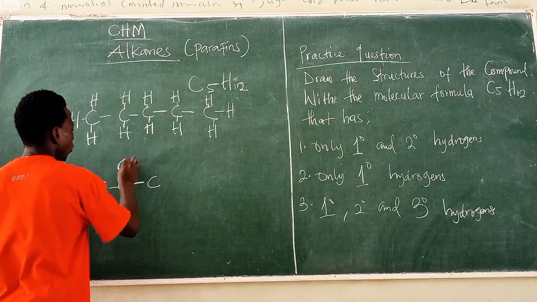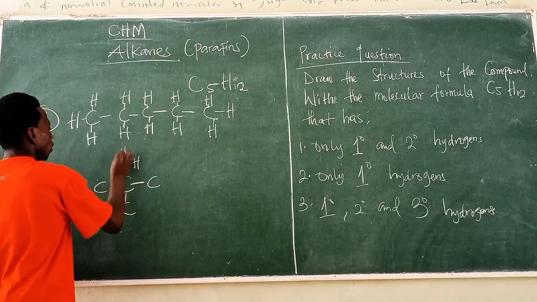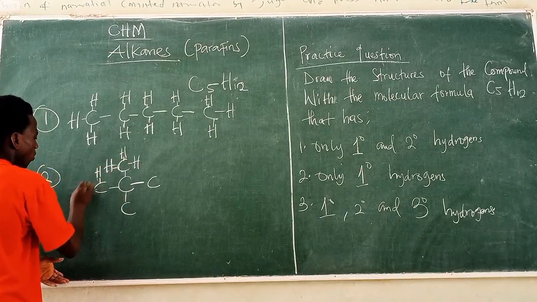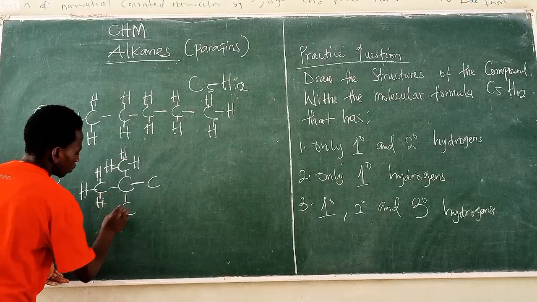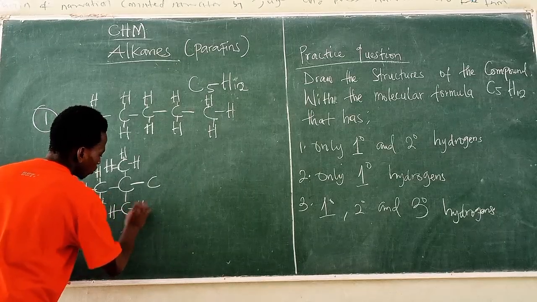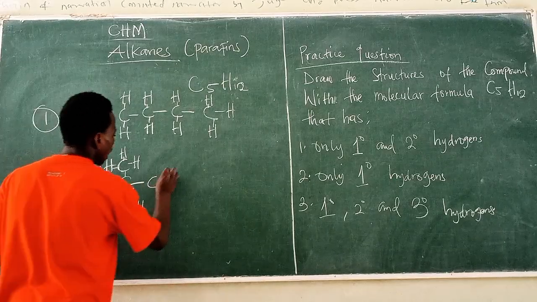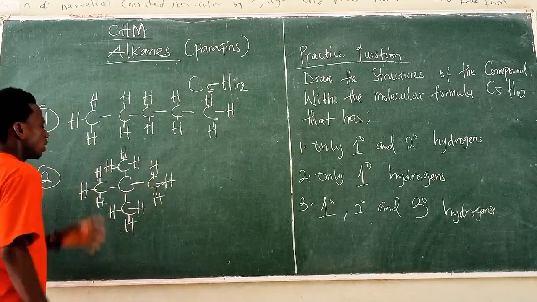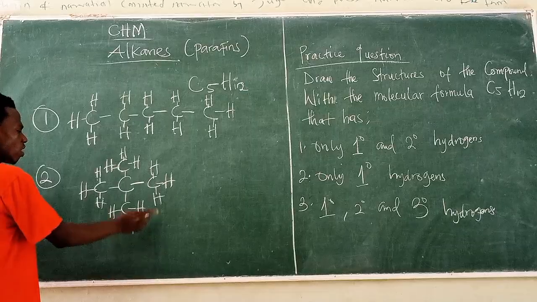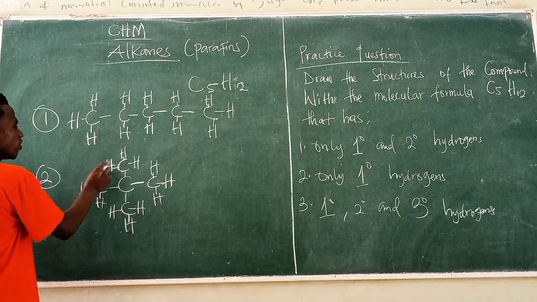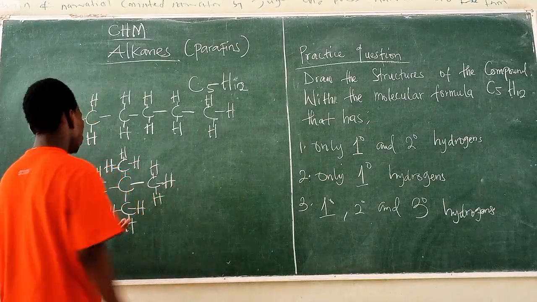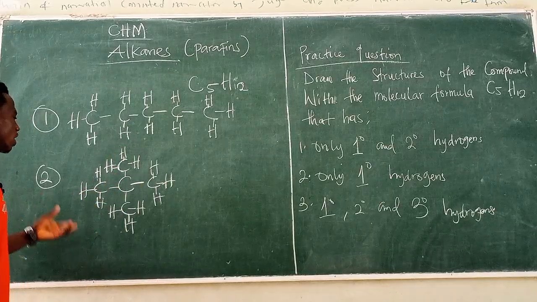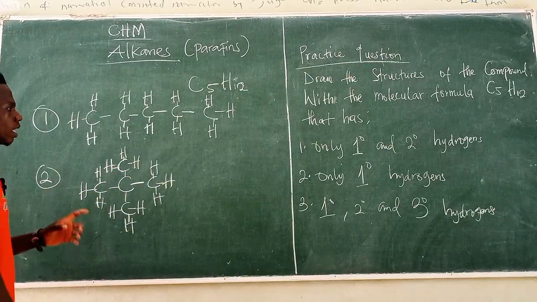Now, these particular carbon atoms are all primary carbon atoms. For that case, the hydrogen atoms bonded on them are all primary hydrogen atoms. Counting the number of hydrogen atoms we have 1, 2, 3, 4, 5, 6, 7, 8, 9, 10, 11, 12. So this is how you draw a structure with this molecular formula that contains only primary hydrogen atoms.